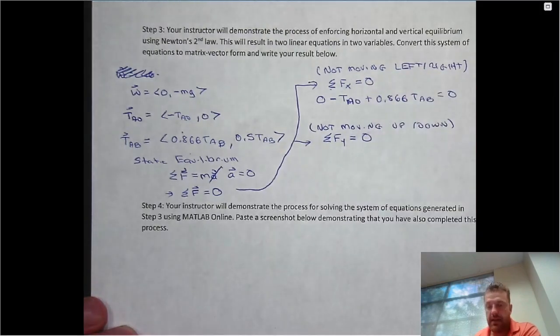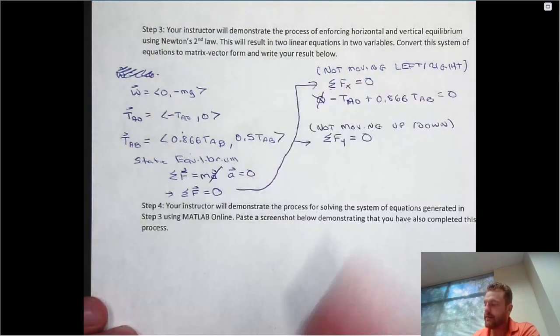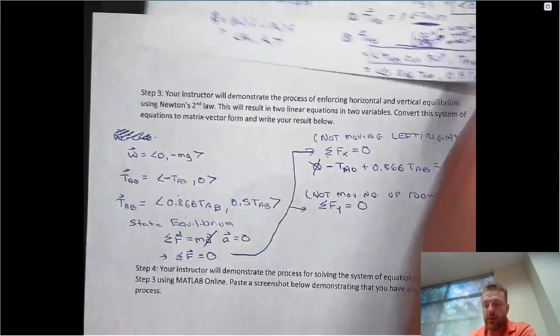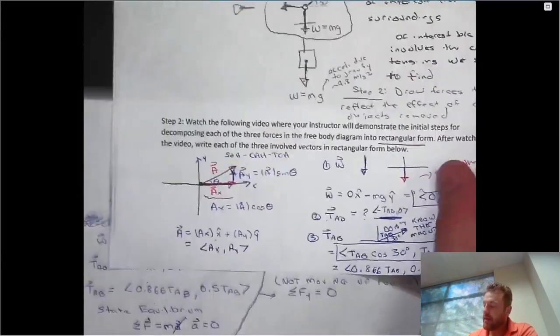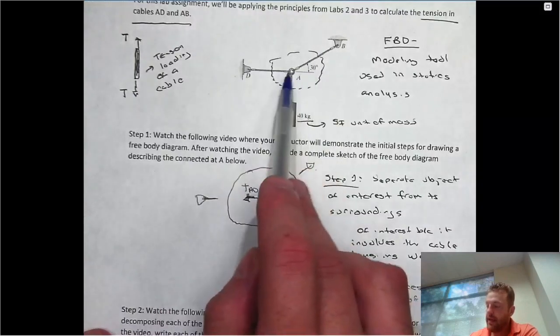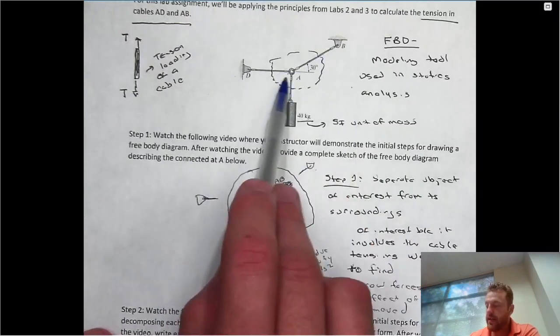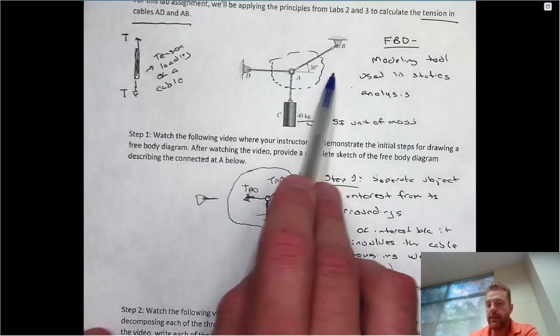So I'm just going to leave that like that for now, and you'll see why I actually do that. I'm just going to cross off the 0 and show that it doesn't matter. But if I were to move the TAD to the other side, which I'm not going to do, what that would tell me is that for this body, TAD pulls to the left, and the x component of TAB pulls it to the right. So however much TAD pulls to the left, if this is stationary, the x component of this pull to the right must be equal in magnitude.